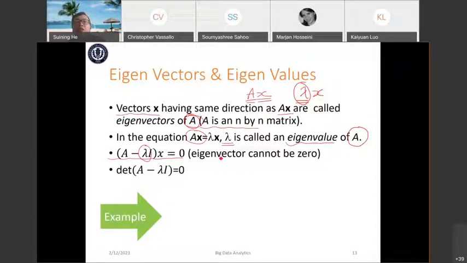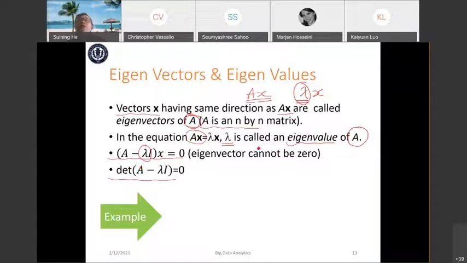We use the determinant here, because if a matrix times a vector equals 0, and the eigenvector itself cannot be 0, then we need to make sure the determinant of the left-hand side, A minus lambda I, is 0.